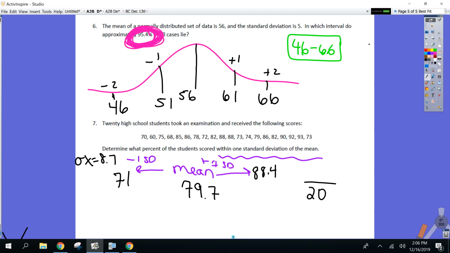Anybody have how many? 14 out of 20. Great job, but it said determine what percent? 14 out of 20? 70%.